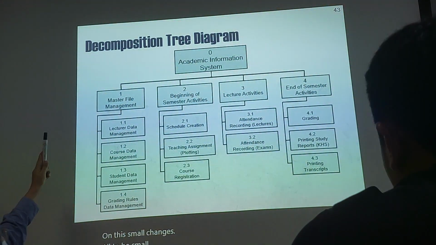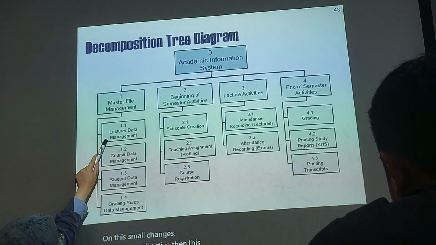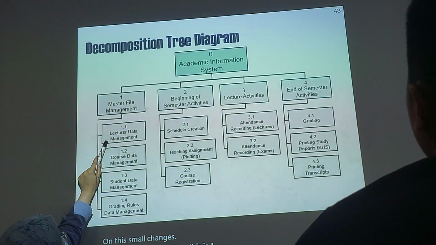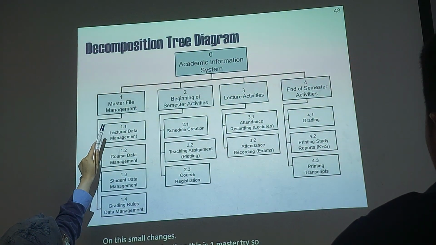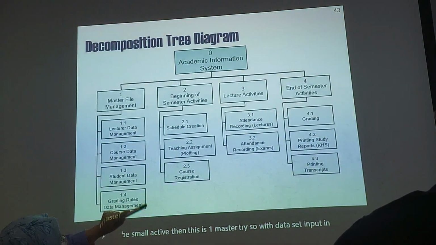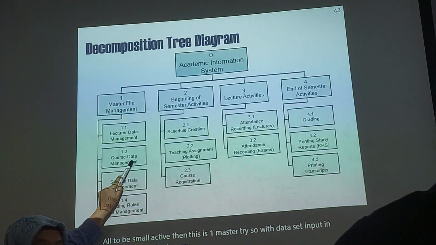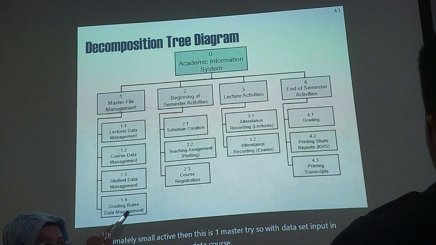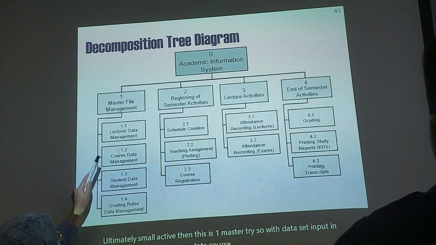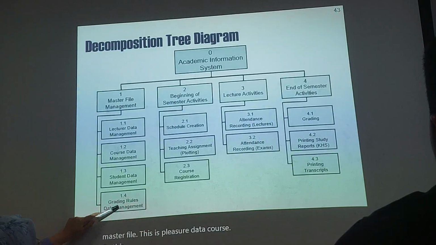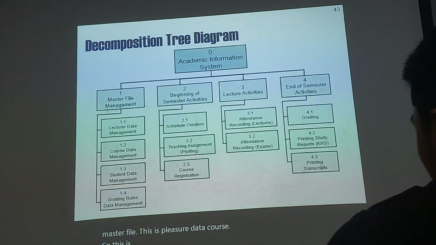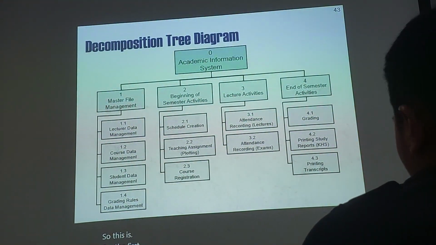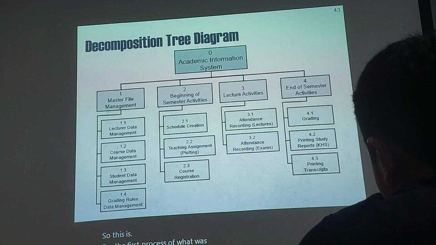Then this is for the master file. So which data is input in the master file? This is lecturer data, course data, student data, and then grading rules. This is for the first process, master file management.